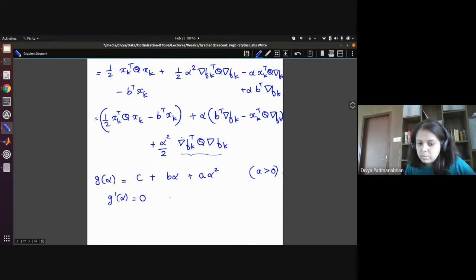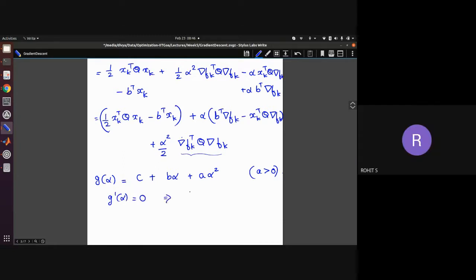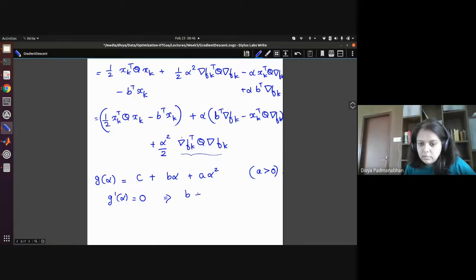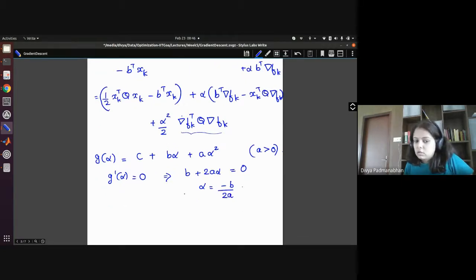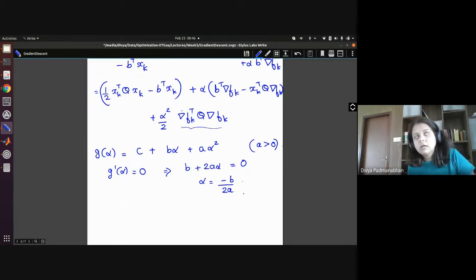What would that be? B plus 2A alpha, so that is 0. So you get alpha is minus B by 2A, right? So this is a critical point.